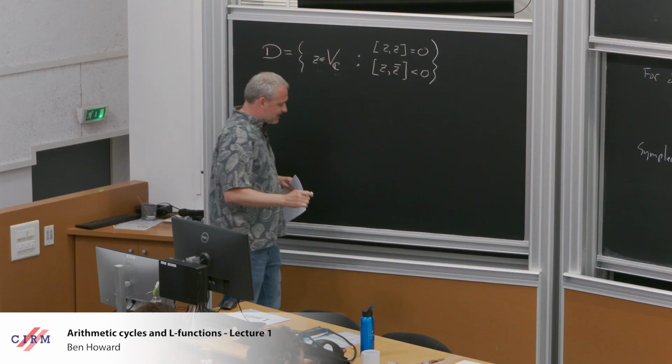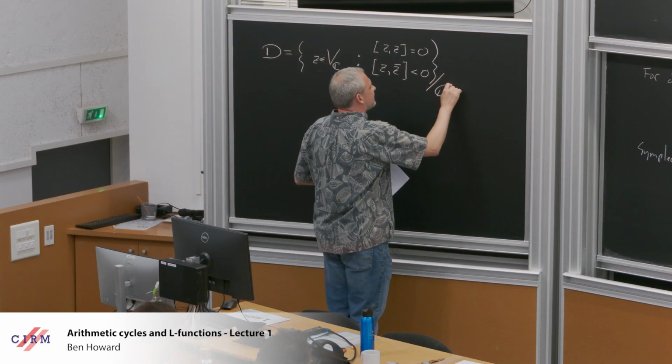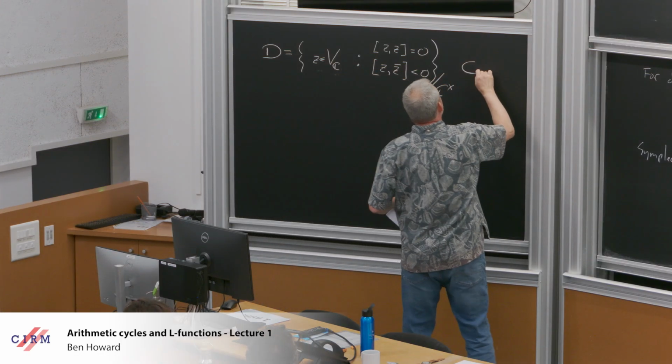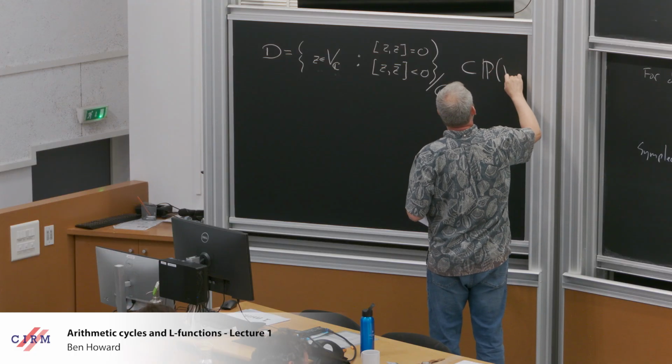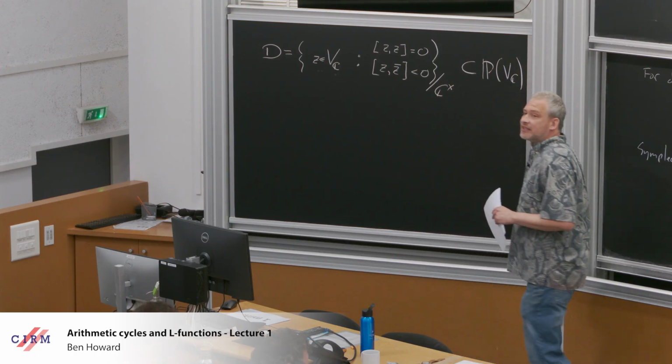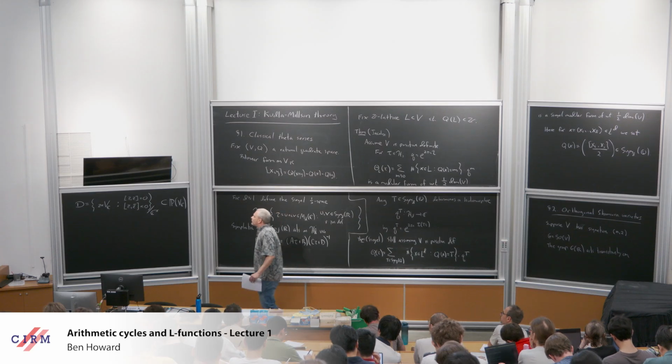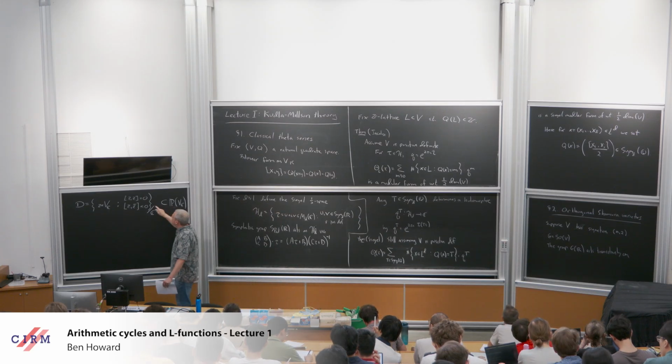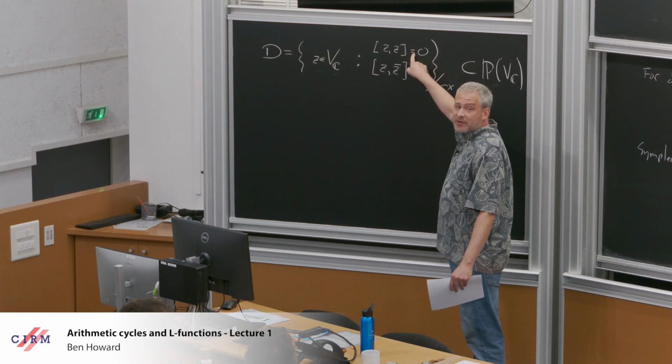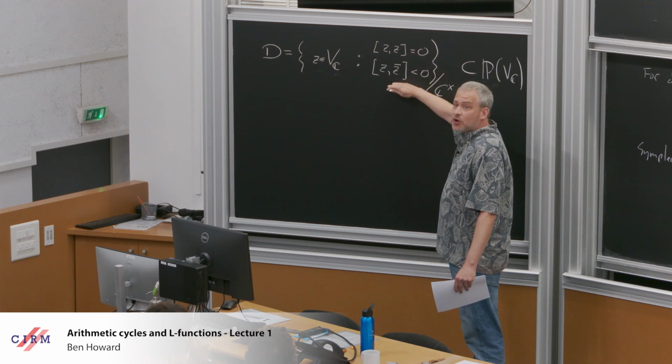In particular, Z can't be 0. We mod out by the scaling action, and so you think of this as living inside the projective space of our complexification. So inside projective space, we look at the hypersurface of isotropic vectors, and then we impose this open condition.